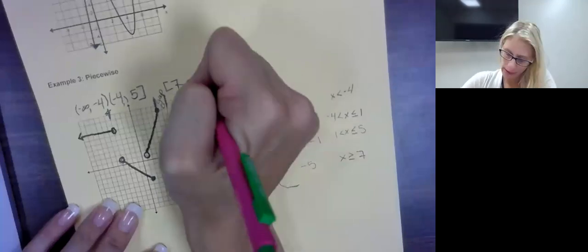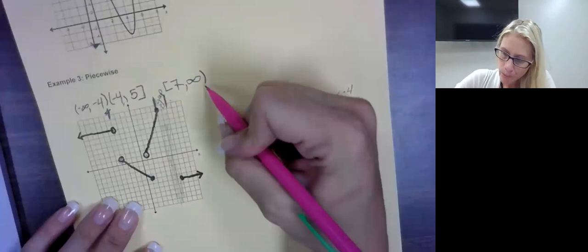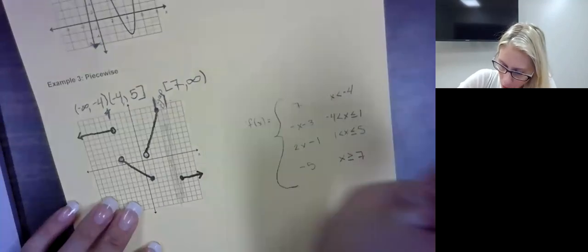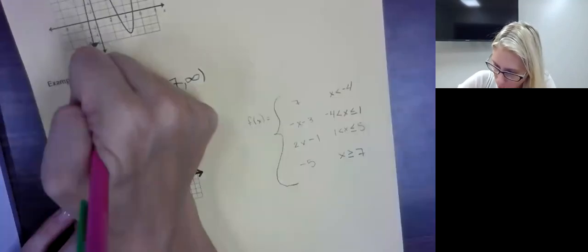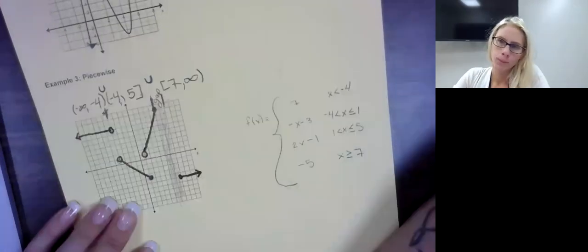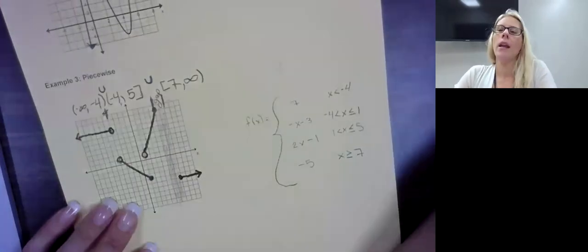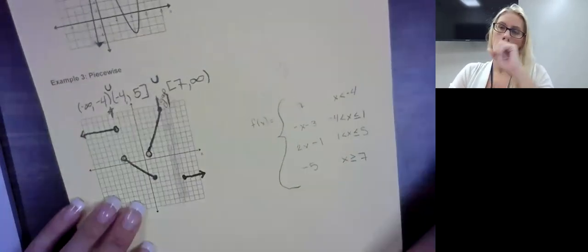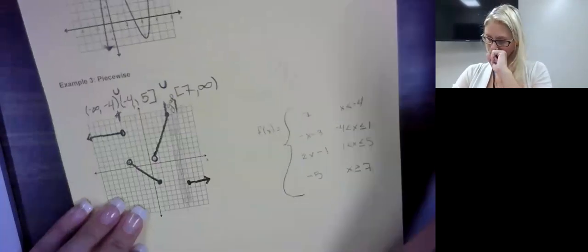Parentheses around the infinity. Now, sometimes teachers are picky, and when you have multiple intervals like this, they want you to put what's called a union in between them all. So it depends on your teacher if you're going to be picky about it or not, or the computer system.